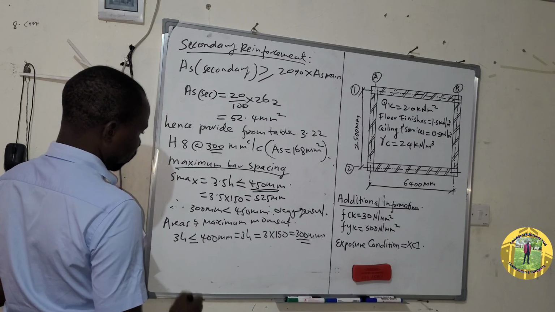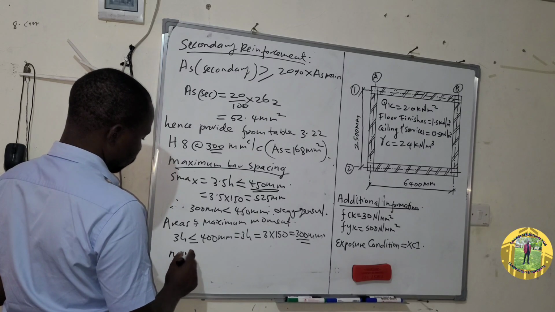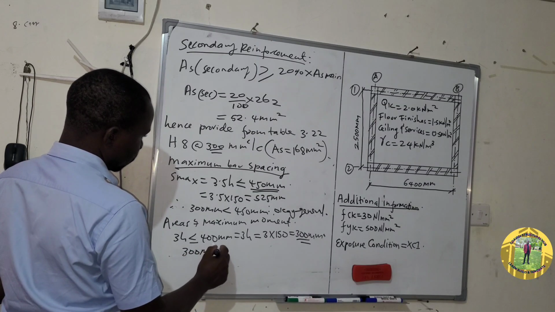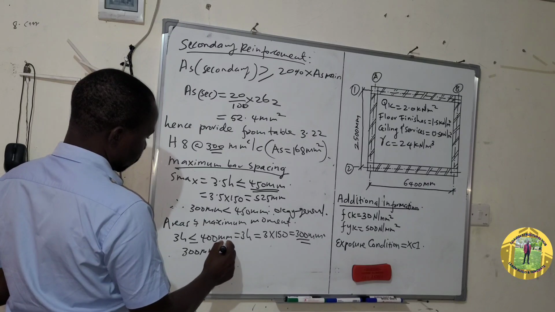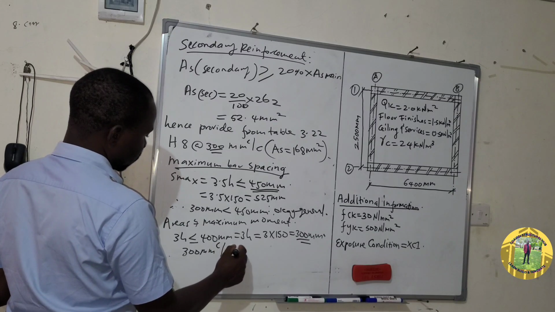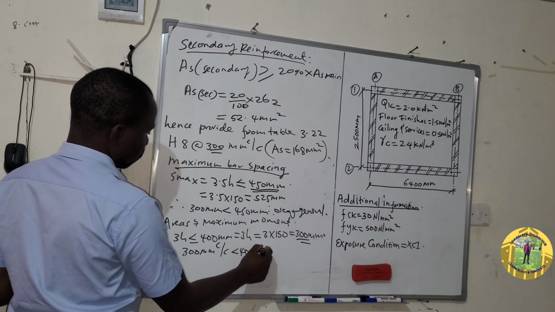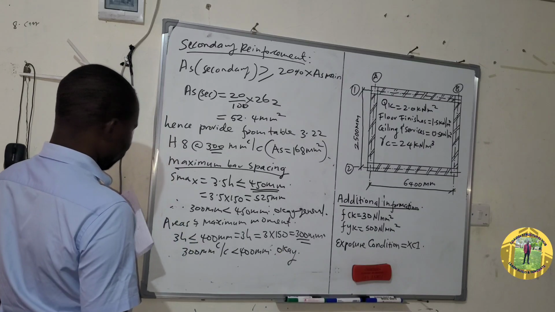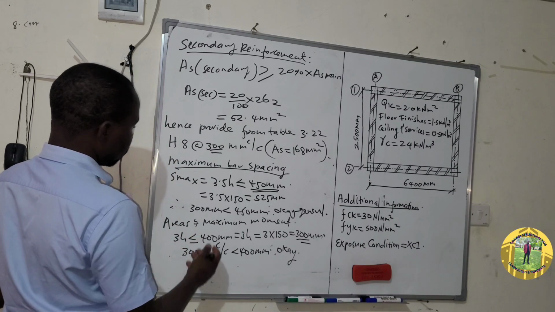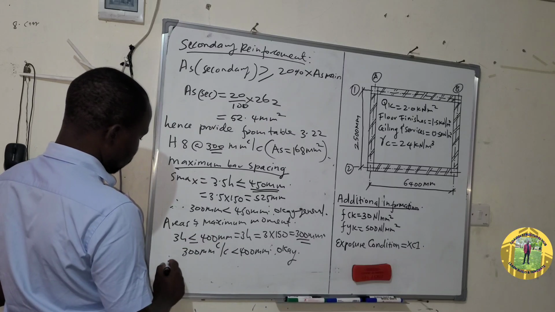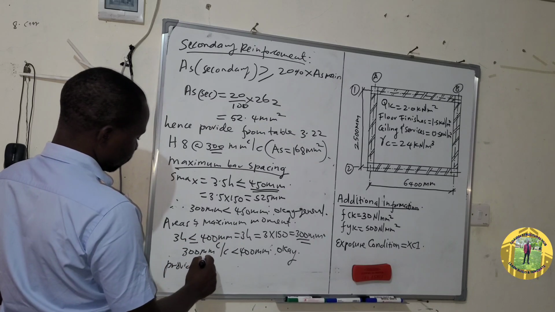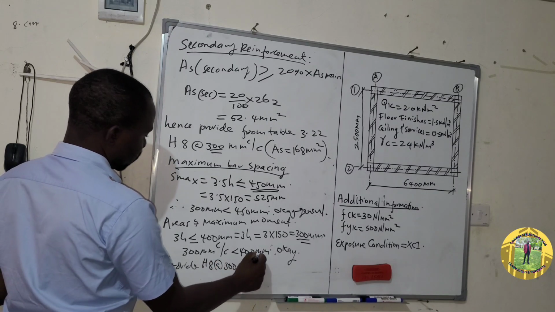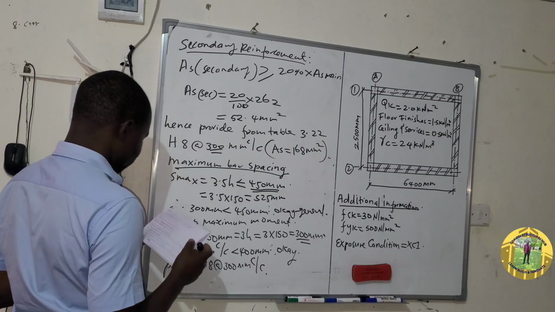Therefore, the minimum, which is 300 millimeter center to center, is less than 400 millimeter. Therefore, okay. So for the secondary bars, provide H8 at 300 millimeter center to center.